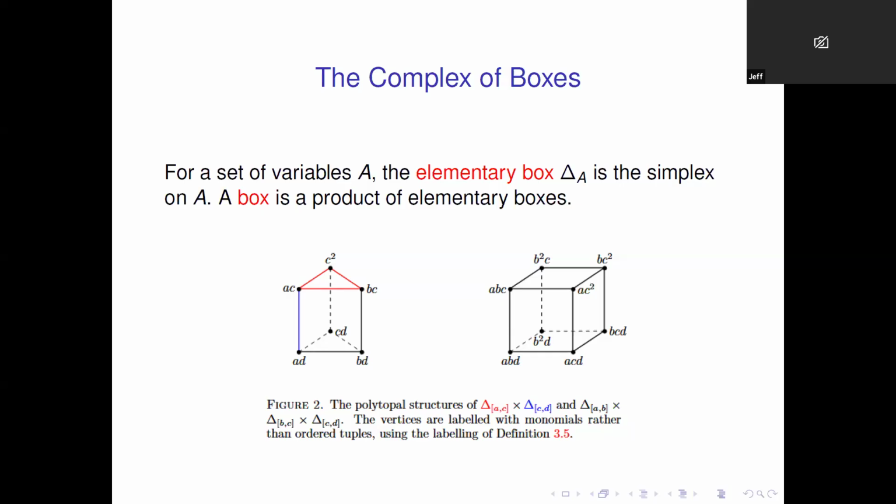On the right, we have a box that's a product of three lines, AB times BC times CD. And it's objects like this that I think are where the name comes from. When you take the product of a bunch of pairs, you get something that looks like a familiar box.